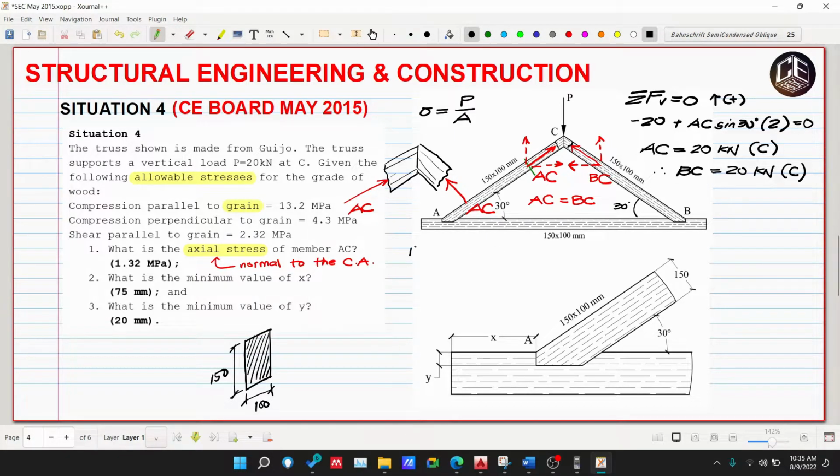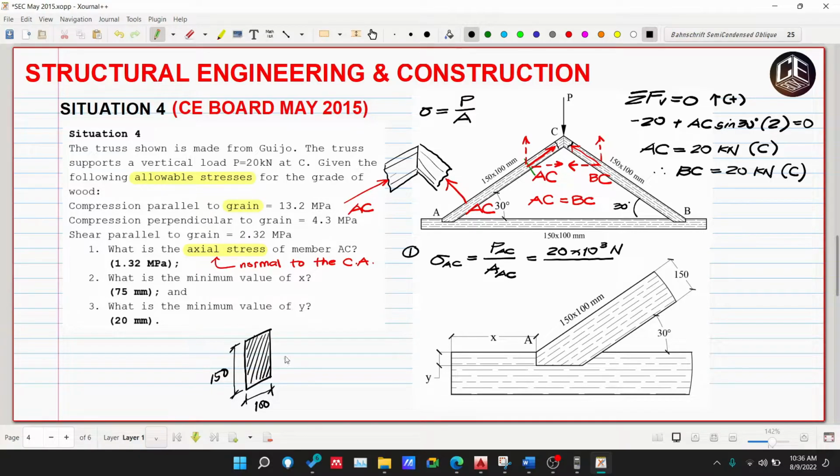So number 1, axial stress for AC is equivalent to P AC over the cross-sectional area sa AC. So this is 20 kilonewton, no? So ang gusto natin makuha is megapascal. So gawin natin itong newton. So this is 20 times 10 raised to 3, and this is newton over area.